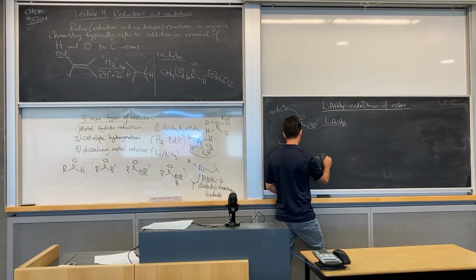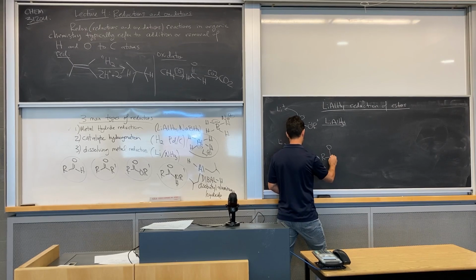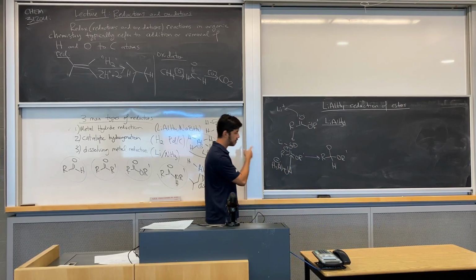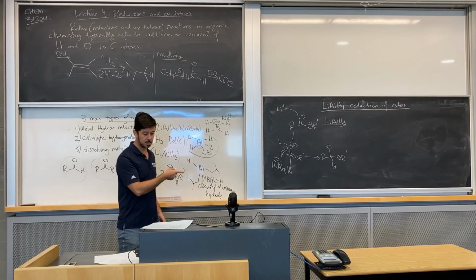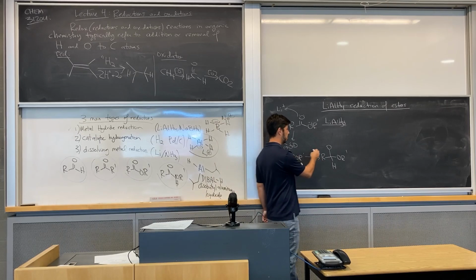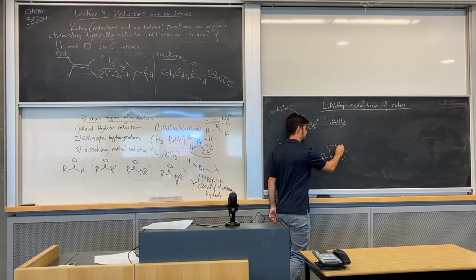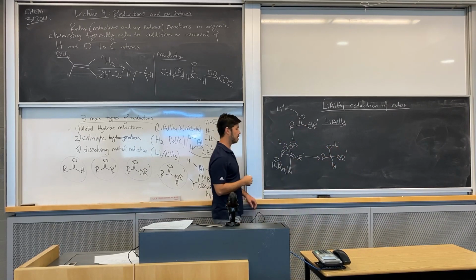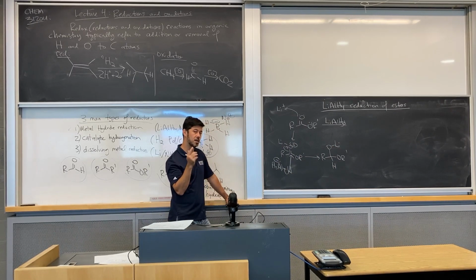So if we do that, you're now going to have a structure that's going to look very similar to this. That's your structure there. So one H minus has gone and attacked.